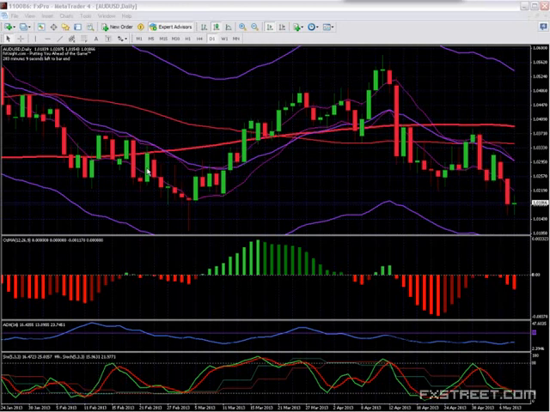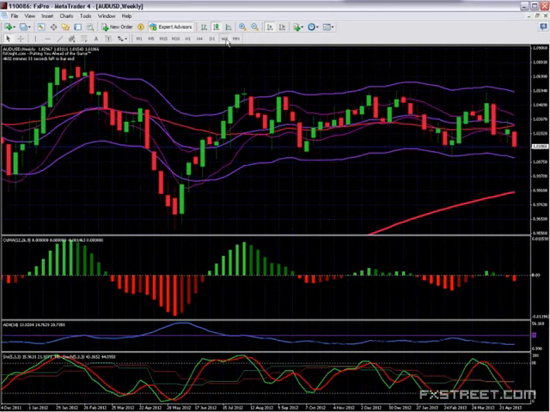Also 21 periods, also applied to the close, also exponential, and then the only other variable you need is what's called the deviation, or in other words, how far from the 21 they are. And I think these particular ones were set by the weekly chart. Yep, looks that way. Okay.